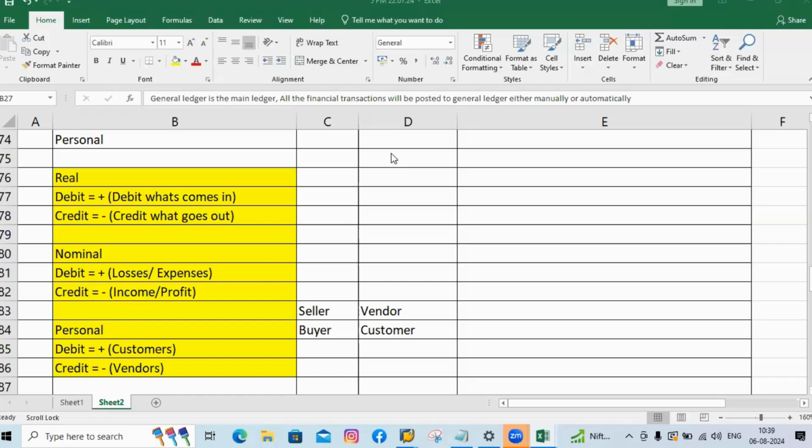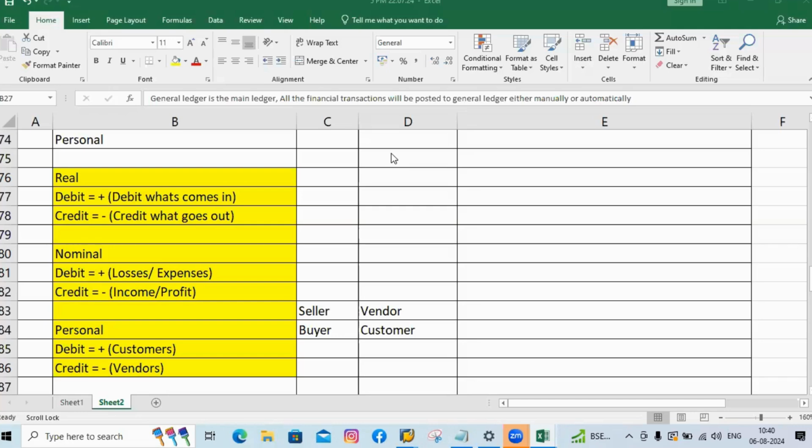So what is the transaction code for posting payment? GL payments, GL outgoing payments. What is the transaction code for posting GL outgoing payments? FB50 is for posting.